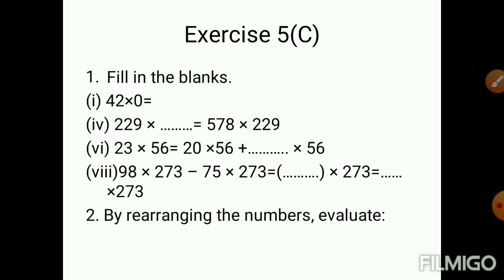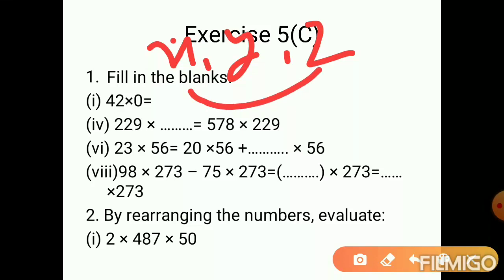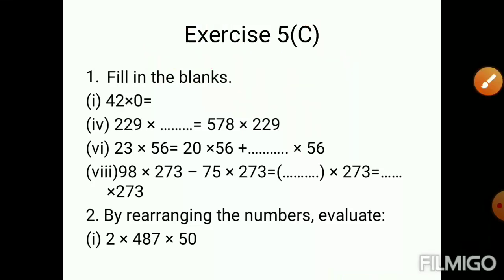Now move to the next question. By rearranging the given numbers, evaluate. My first question is 2 multiplied by 487 into 50. By the associative property, we can multiply the numbers in any order. If we have three numbers x, y, z, we can multiply the numbers in any order. We can multiply xz first, or we can multiply xy first.